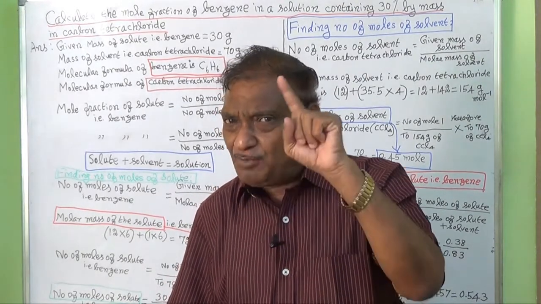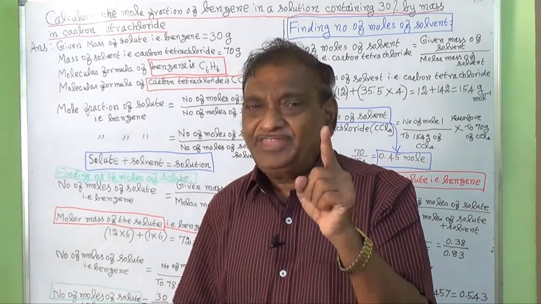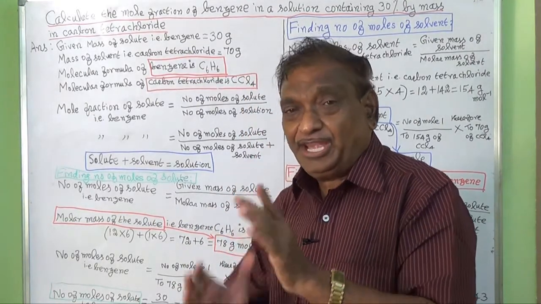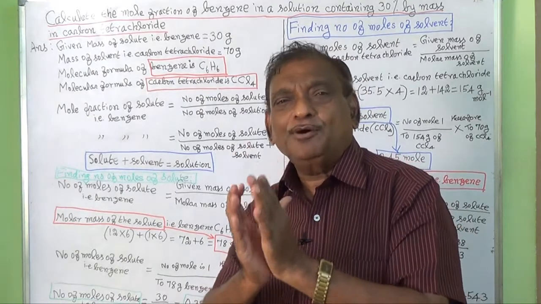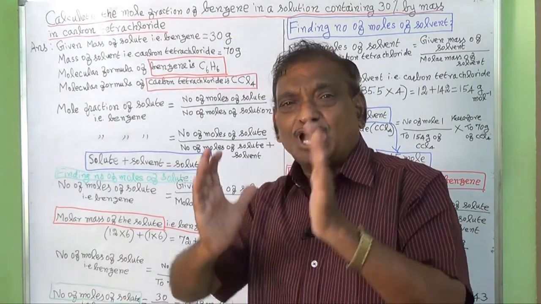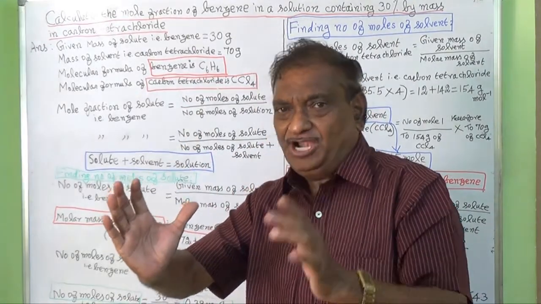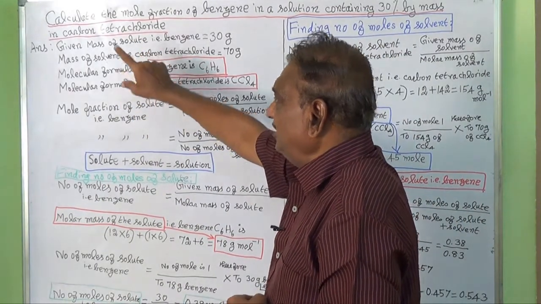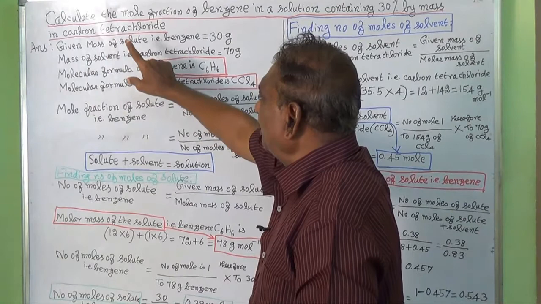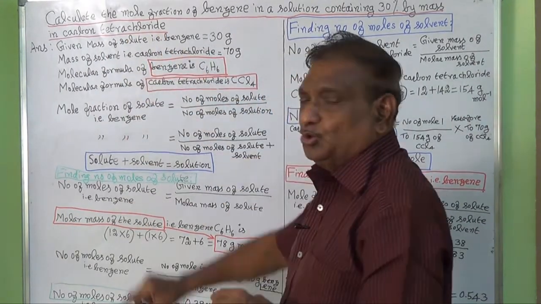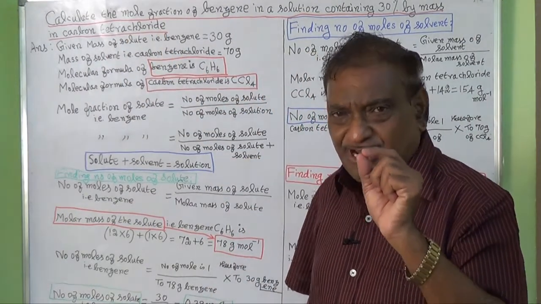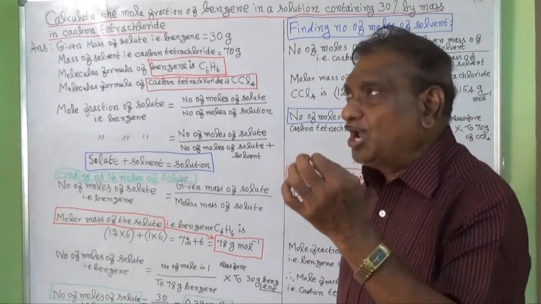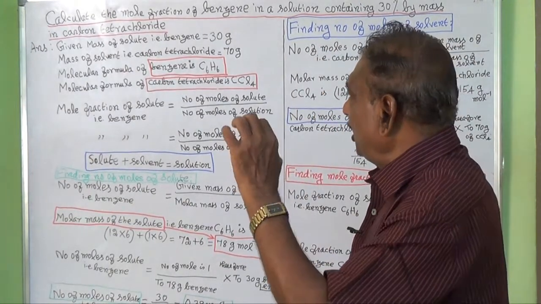Therefore, if the mass of the solute, that is benzene, is 30 gram, the remaining 70 gram is the mass of the solvent. What is the name of the solvent given? The solvent is given as carbon tetrachloride.